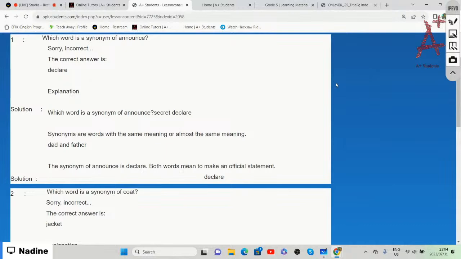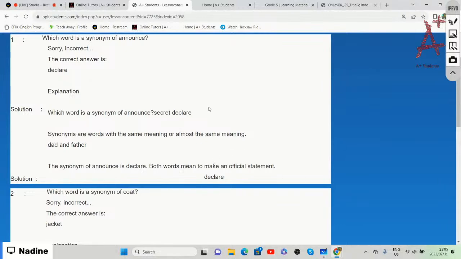Both of these words basically mean something that is almost the same. It shows a form of happiness, a form of excitement, that you are glad. So that is why we say synonyms are words with the same meaning or almost the same meaning, right?